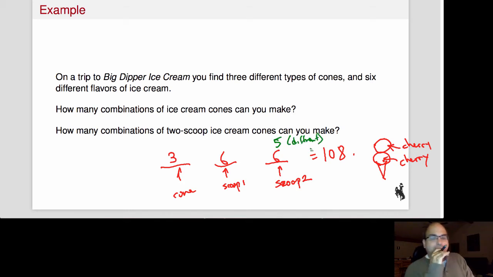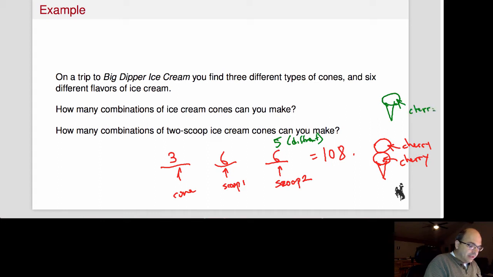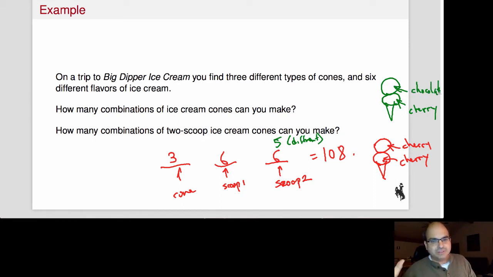Now, what else could happen? Well, this is not necessarily correct because let's think of this scenario. I have an ice cream and I select cherry again. And let's say that I'm feeling absolutely insane, so my second scoop is chocolate. Chocolate ice cream, worst invention in the world. You can disagree. So now I have chocolate on top of cherry.